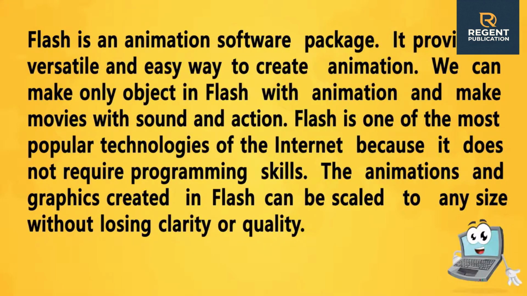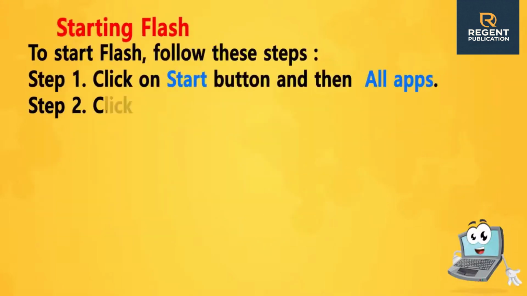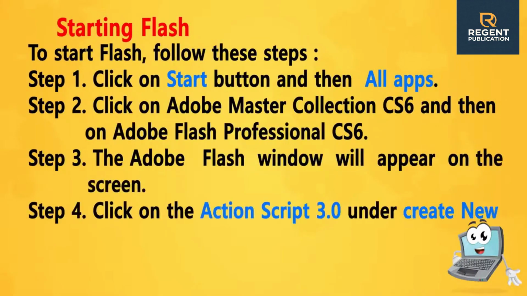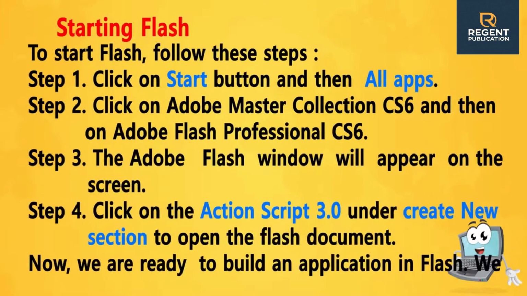Starting Flash. To start Flash, follow these steps. Step 1. Click on Start button and then All Apps. Step 2. Click on Adobe Master Collection CS6 and then on Adobe Flash Professional CS6. Step 3. The Adobe Flash window will appear on the screen. Step 4.